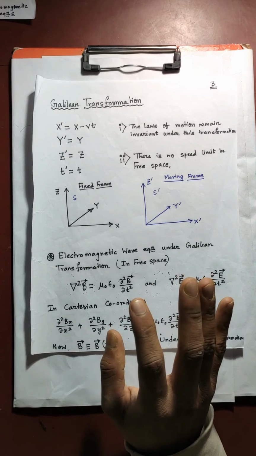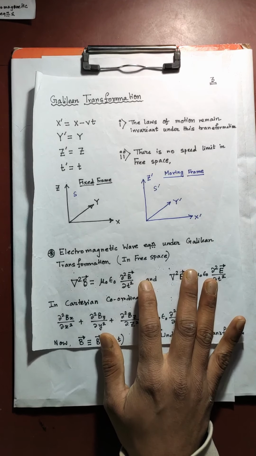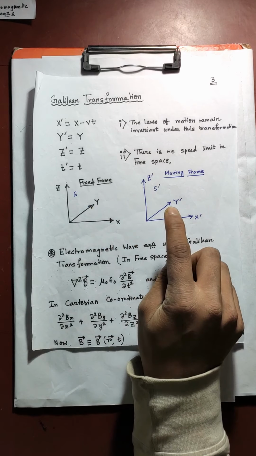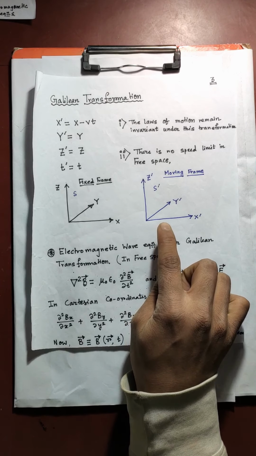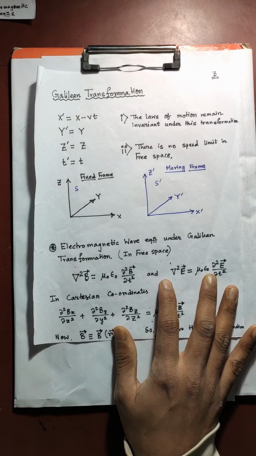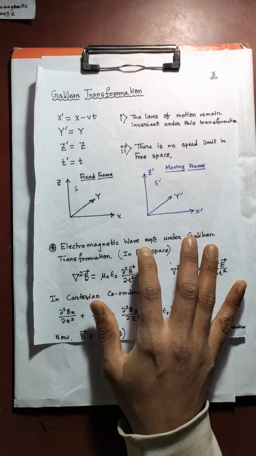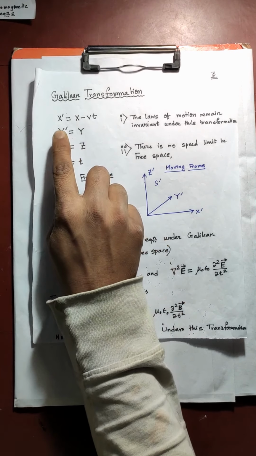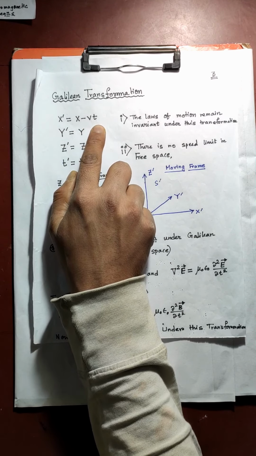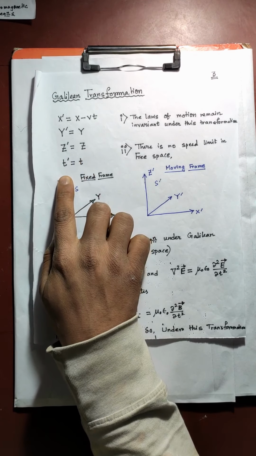Absolute simultaneity is possible. So we take two frames, one is S, another is S prime. The S prime coordinate system is moving with a constant velocity in the positive x direction. So the transformation law would look like x prime equals x minus vt, y prime equals y, z prime equals z, and t prime equals t.